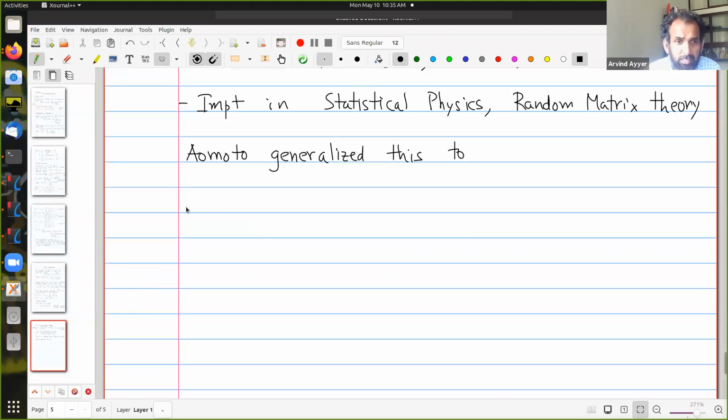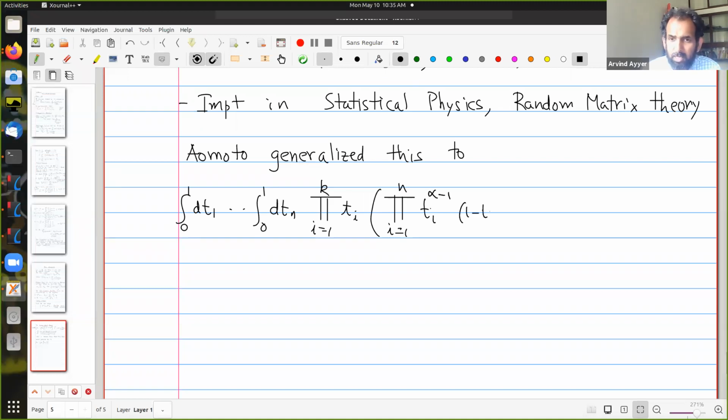So our motto generalize this to the following formula: the integral from 0 to 1 dt1, etc., 0 to 1 dtn, product i equals 1 to k of ti. Now there's another parameter k. Then the product i equals 1 to n of ti to the alpha minus 1, 1 minus ti to the beta minus 1, times the Vandermonde delta to the 2 gamma. So this part is all the same. What is extra is this product of t1 up to tk.